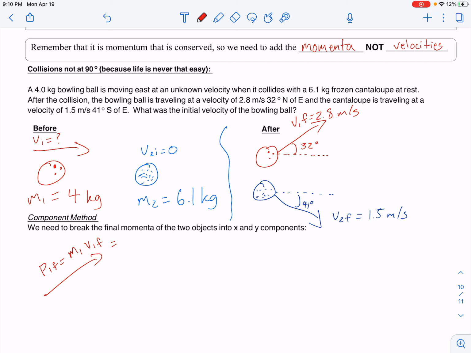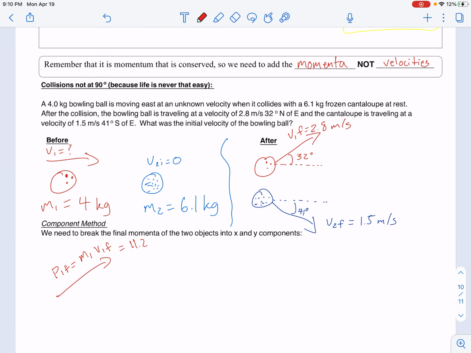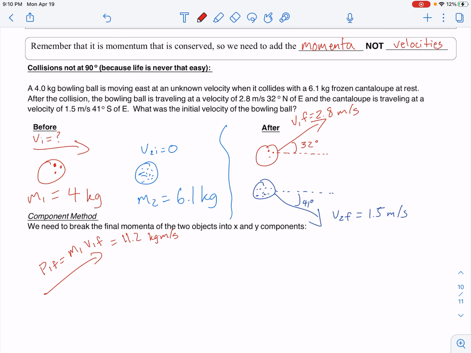We plug in our mass of the bowling ball, 4, times the velocity, 2.8. We're going to get a momentum of 11.2 kilograms meters per second. Okay, so that's the momentum that it's moving with in that direction.